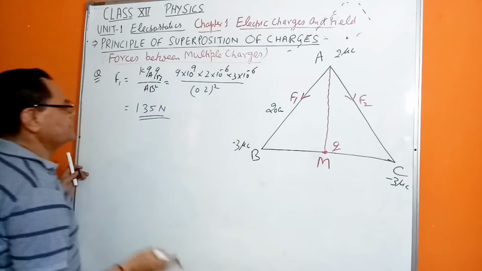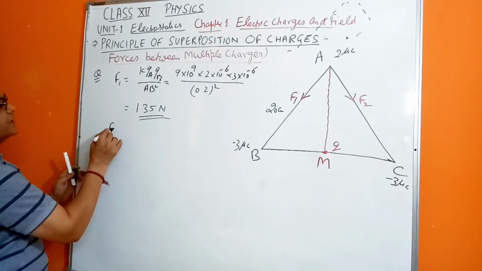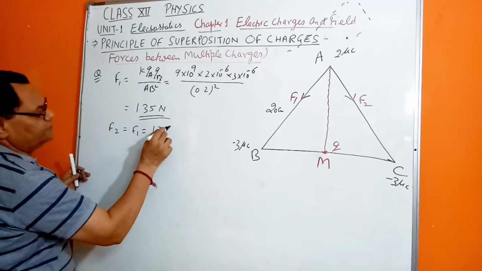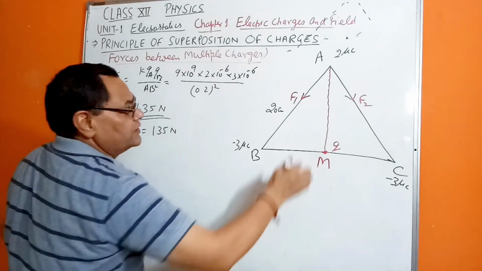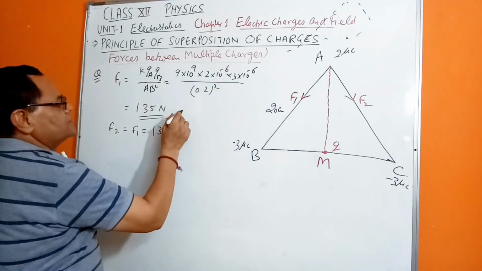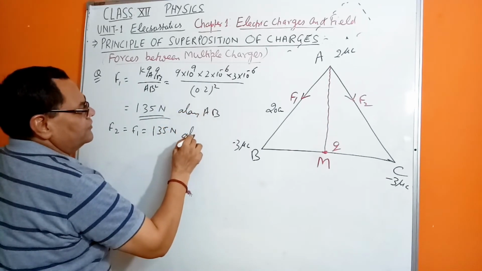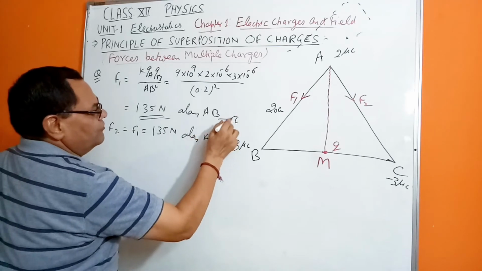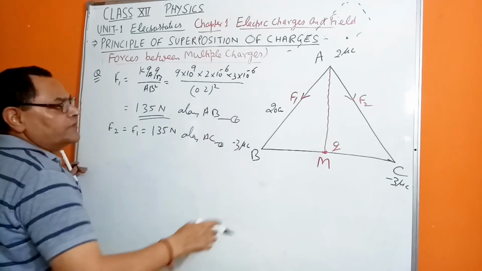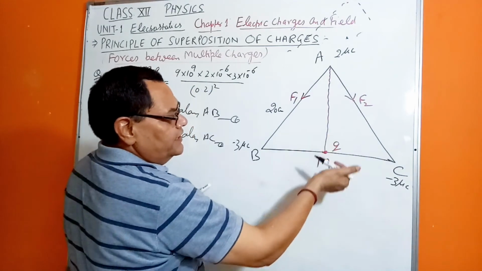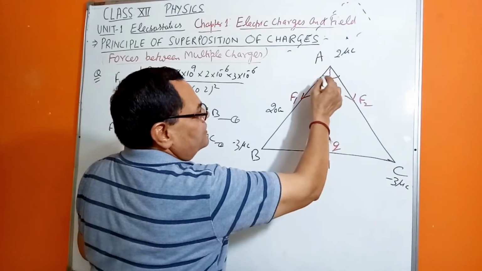Similarly you will get F2 as well. So F2 will be equal to F1, equal to 1.35 Newton. But no doubt the directions are different. Please write down that F1 is along AB and F2 is along AC. Clear? Because these are vectors, we need to find the total resultant force.